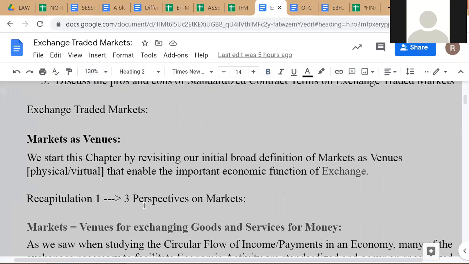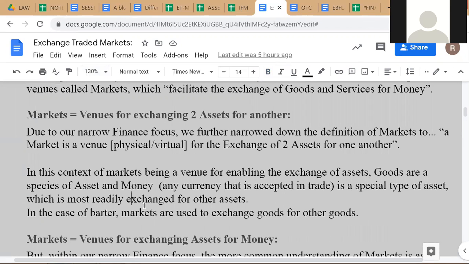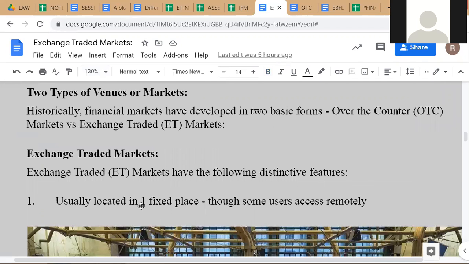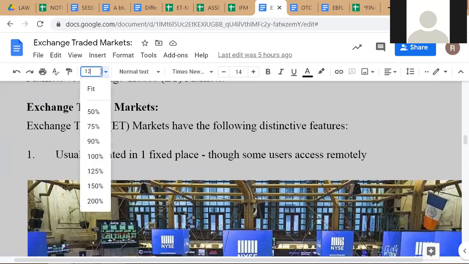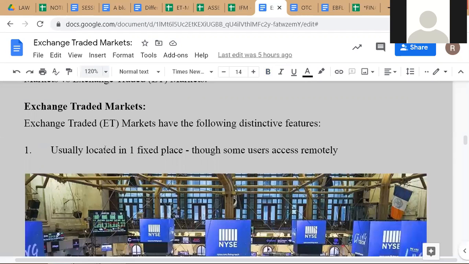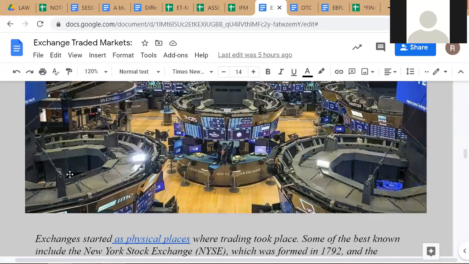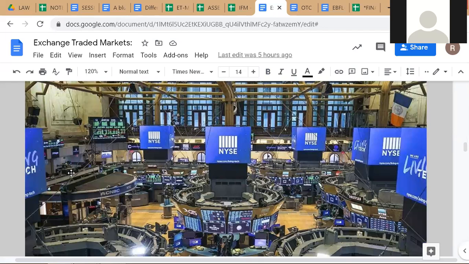So we were looking at these, just the standard prelude to make sure we understand markets. Two assets being exchanged and one asset being exchanged for money. That's the final definition. So exchange traded markets, and here's a nice picture of the NYSE floor. This is the New York Stock Exchange, which has now renamed itself as NYSE, so it's no longer an acronym.